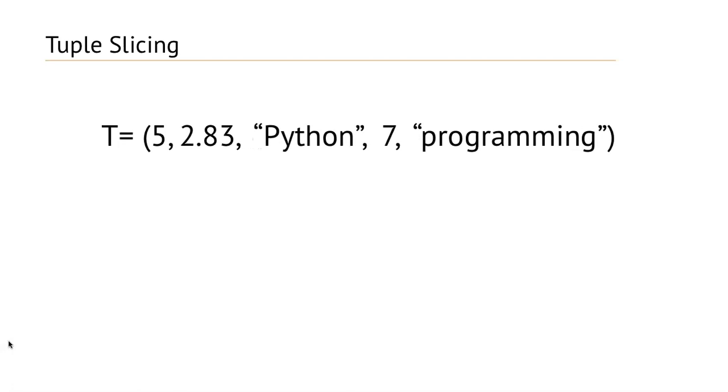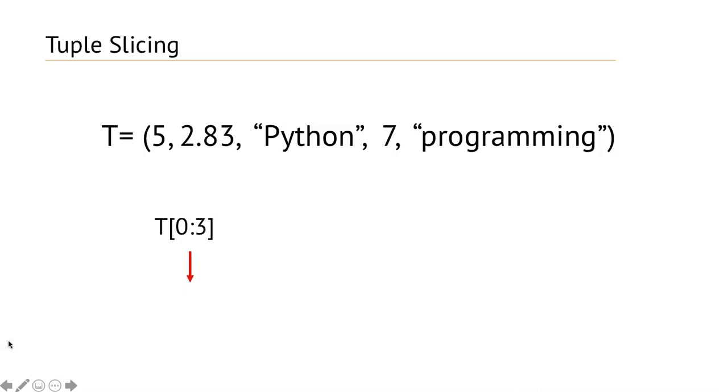Now we'll see tuple slicing. Let's take a tuple of these elements: 5, 2.83, Python, 7 and programming. So we can specify a range of indexes in a tuple. Here 0 represents the start element and 3 represents the end element.